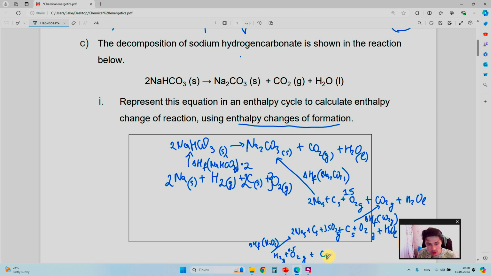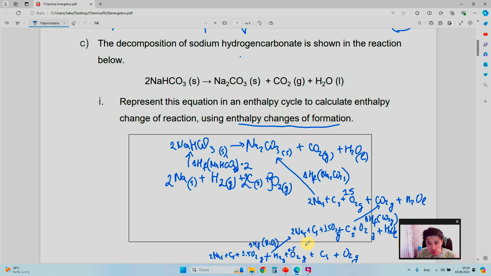So carbon in solid, I'm copying this from this side. Oxygen gas, then I'm copying this part here. So it's 2 sodium solid plus carbon solid, then oxygen, 1.5 moles of oxygen gas.